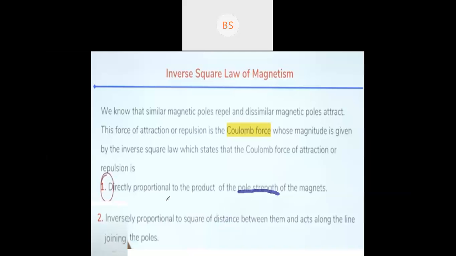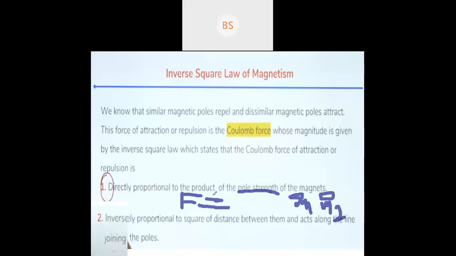That means we can say force F equals, pole strengths we will consider as M1 and M2. For example, this is one magnet, we consider it as M1, and another magnetic pole we consider as M2.